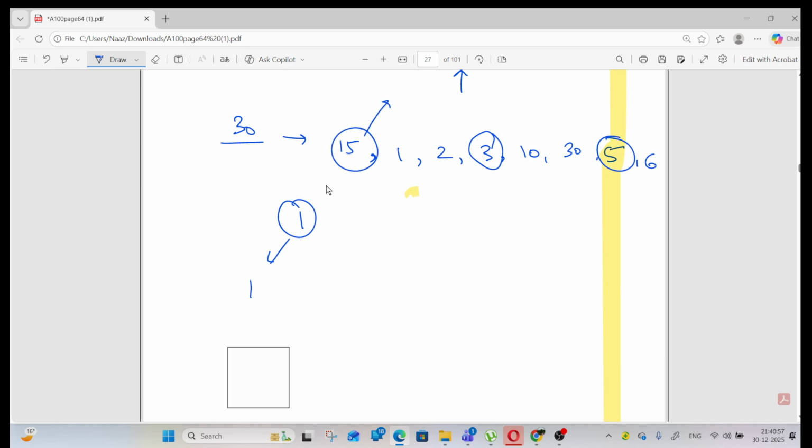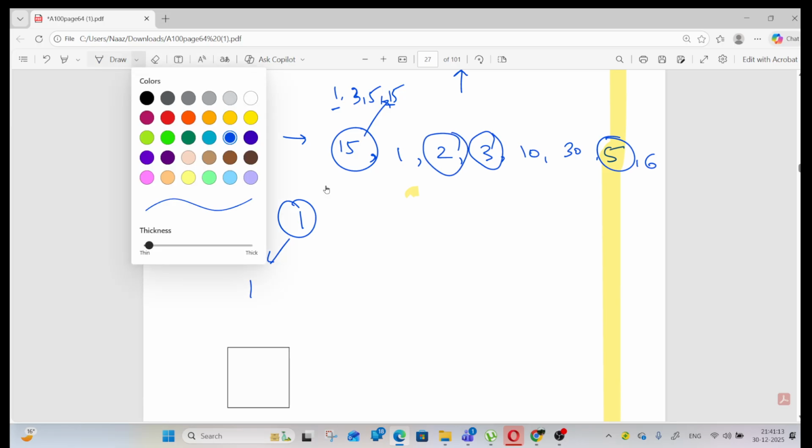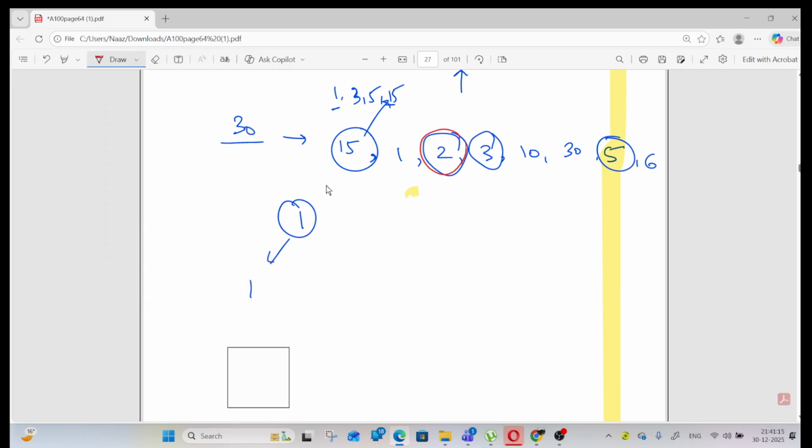It has 3 and 5. These factors are also there for 15, right? A prime number has only two factors, 1 and the number itself. 2. 2 is a prime number, right? So prime factors are only 2, 3, and 5 here, right?